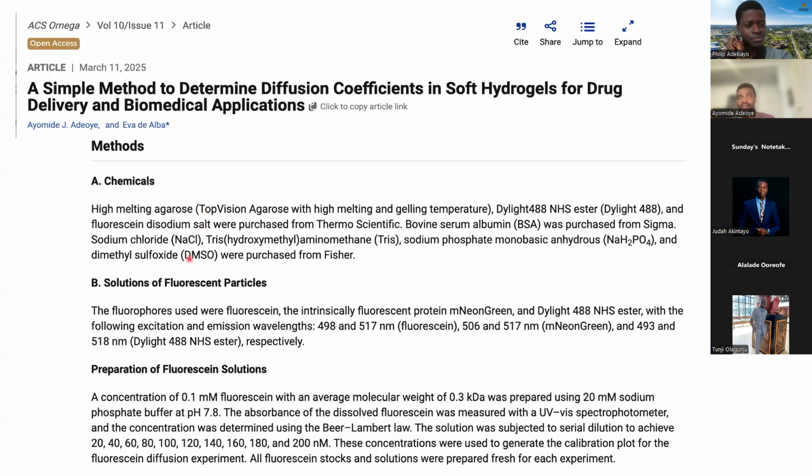Some people that are not from an engineering background might not really understand. But the basic thing here is that for the fluorescent particle, I have to list the particle I used and also its unique properties. For instance, one of the fluorescent particles I use is fluorescein. I don't need to give people details about fluorescein, or where fluorescein was discovered.